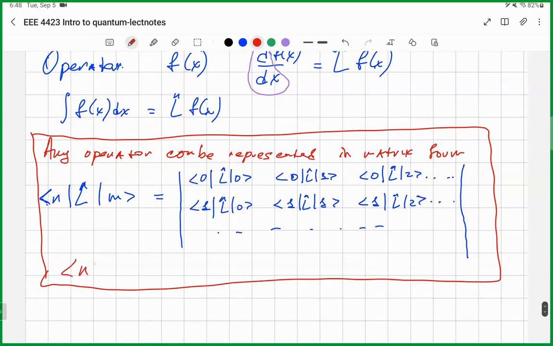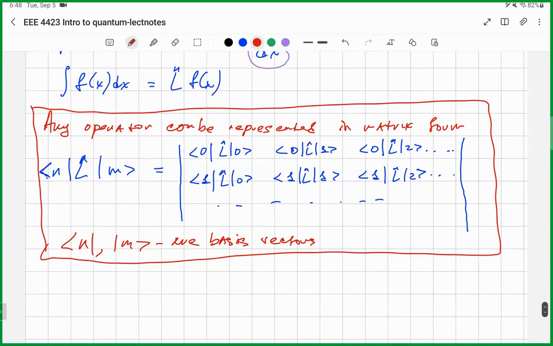So vectors n and m are basis vectors, and different bases with different basis vectors will give us different matrices. This is known as the theory of representation.